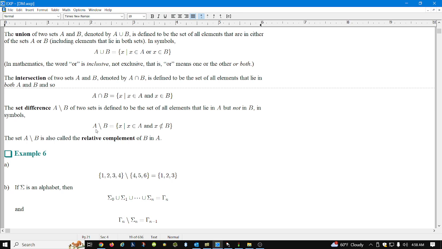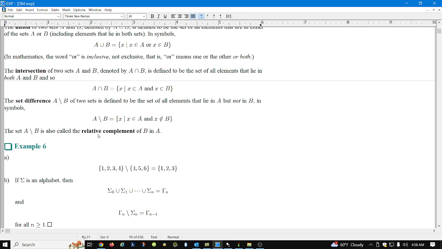It's defined to be the set of all elements in A that are not in B. And it is also called the relative complement of B in A. So be careful here, there's kind of a swap of the two letters A and B.